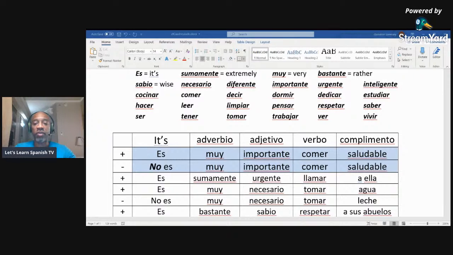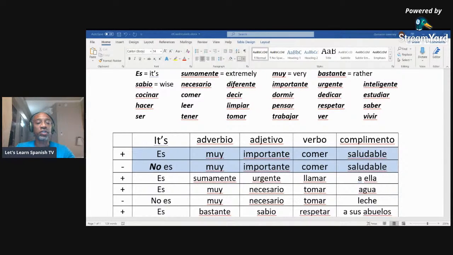Okay, remember, we have a question here. Es muy importante saber leer. Look at the endings of the verbs in our previous sentences.